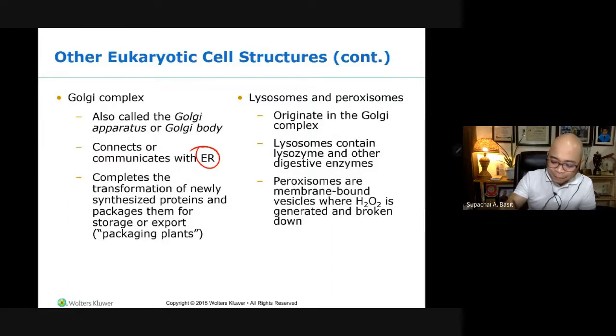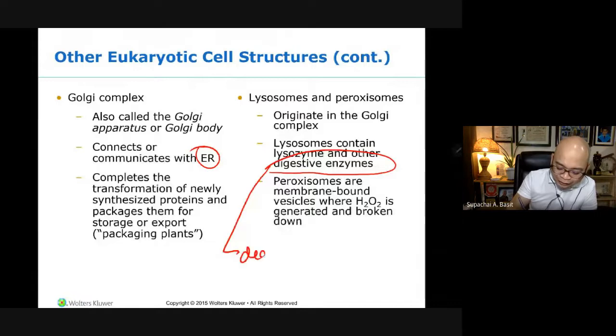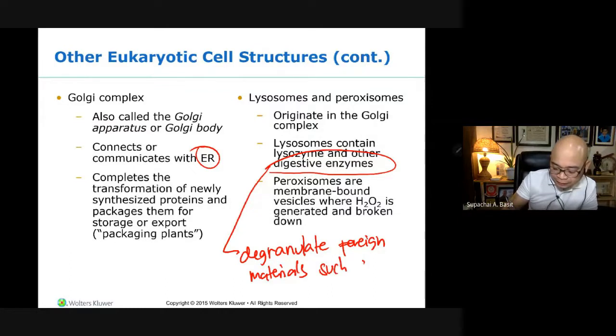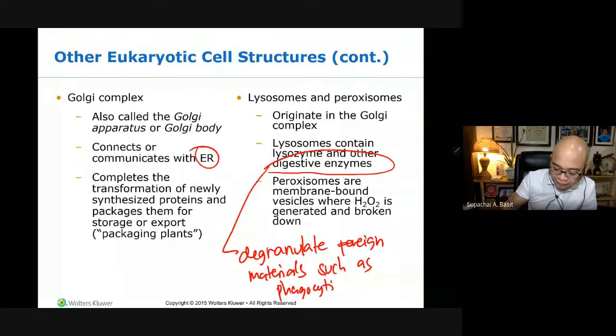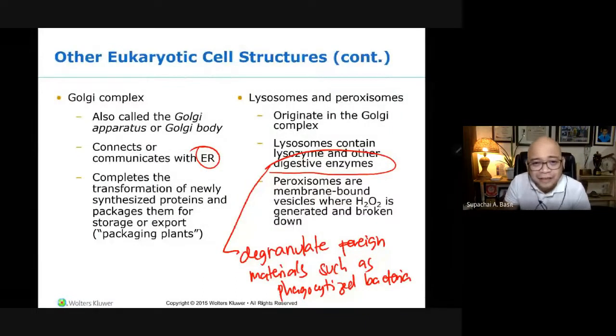And the purpose of these enzymes is to degrade foreign materials such as phagocytized bacteria. So they can degrade foreign materials such as phagocytized bacteria.